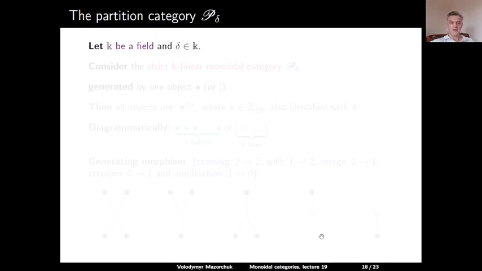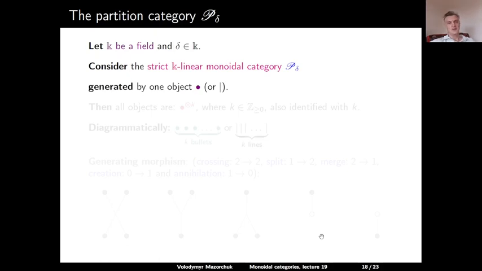So let K be a field and delta an element in K. We consider the strict K-linear monoidal category Carly P sub delta generated by one object. Again, sometimes it's useful to draw this object as a bullet or sometimes as a vertical line.